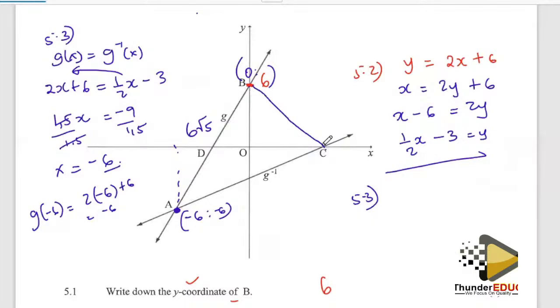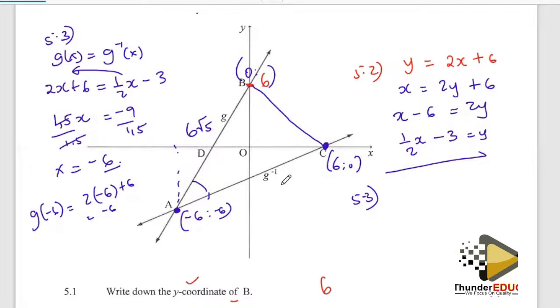What are the coordinates of C? Do I need that really? I'm just trying to look for a quicker possible way of doing this without wasting time. If I replace y with 0, x is going to be 6. So this must be 6 and 0 also.